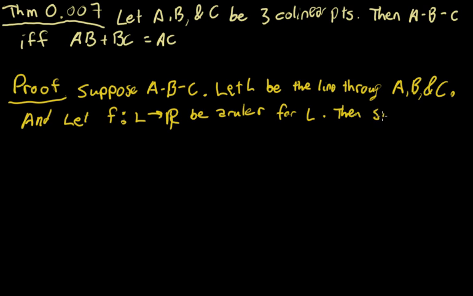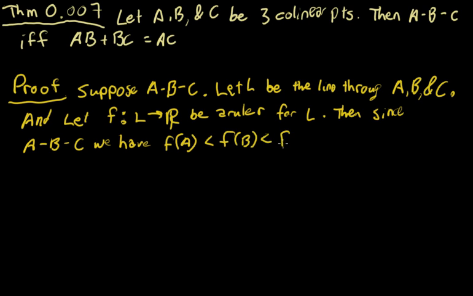Then, since A-B-C, or since B is between A and C, we have f of A less than f of B less than f of C. If you recall, that was just the definition that we gave for collinear points.